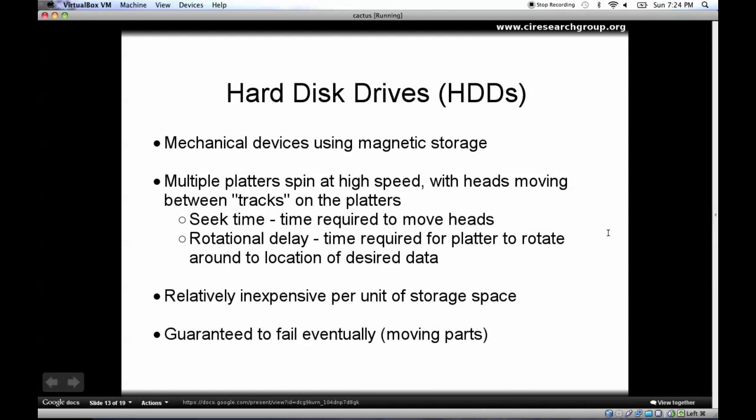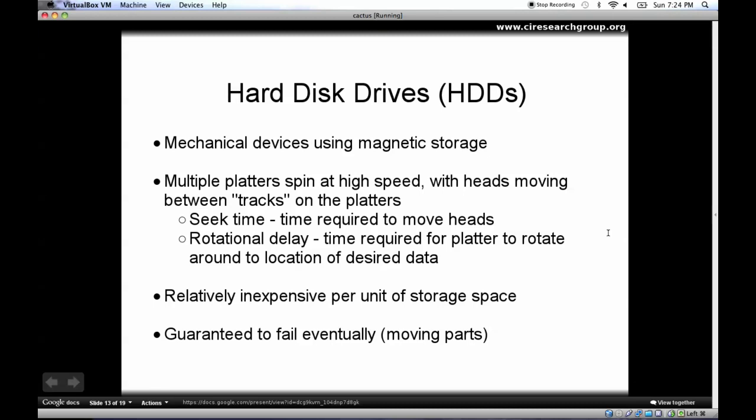Hard disk drives are what we typically think of when we think of slow, persistent storage. These are mechanical devices that use magnetic storage, basically a magnetic medium on top of either a glass or metal disc called a platter, and multiple platters that are stacked spin at high speed with the heads moving back and forth between tracks on the platters.